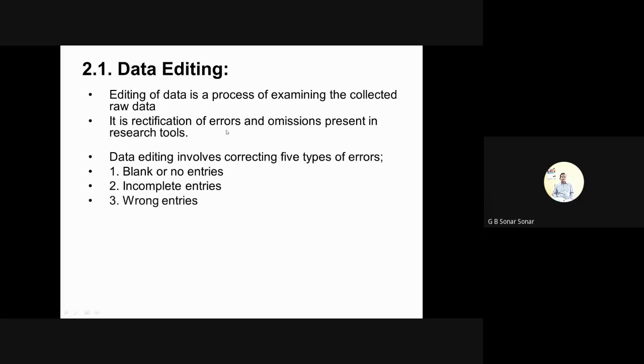The third type of error usually seen in the research tools is wrong entries. Wrong entries are entries which are not relevant to the question. The question is something, the answer is something; there is no relation between the answer and the question. While collecting the data, some of the questions are entered wrongly.